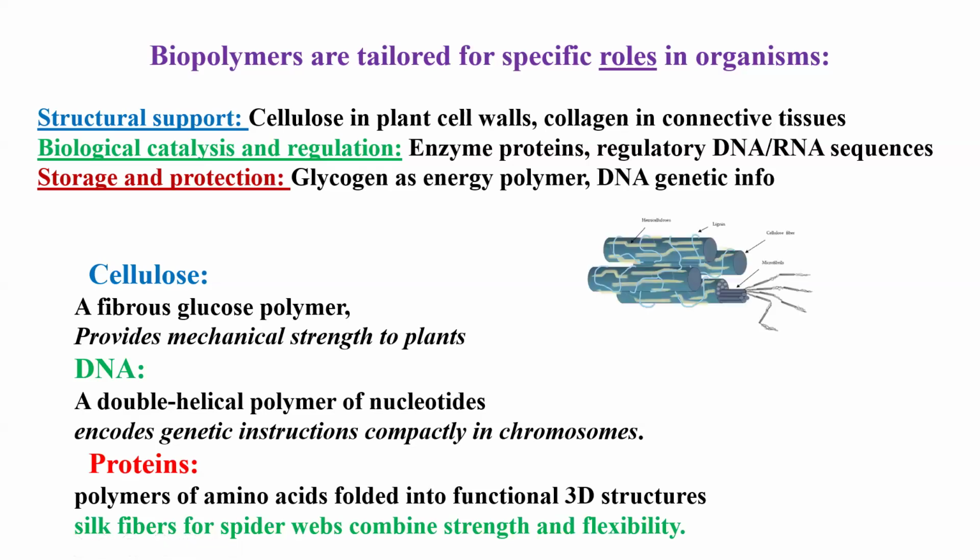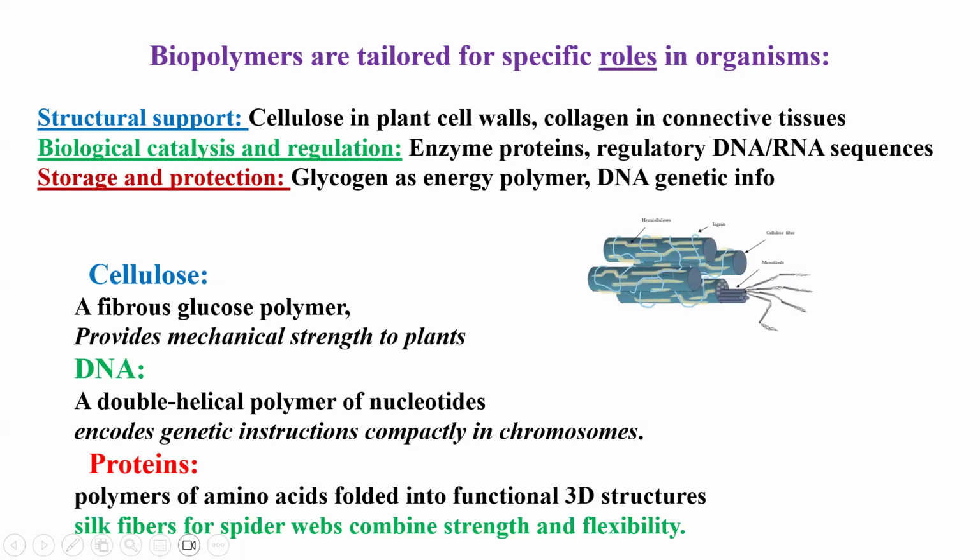So cellulose is a fibrous glucose polymer, and it provides the main mechanical strength to plants. Whereas DNA is a double helical polymer, as we know, of nucleotides, and it encodes genetic instructions compactly in chromosomes.